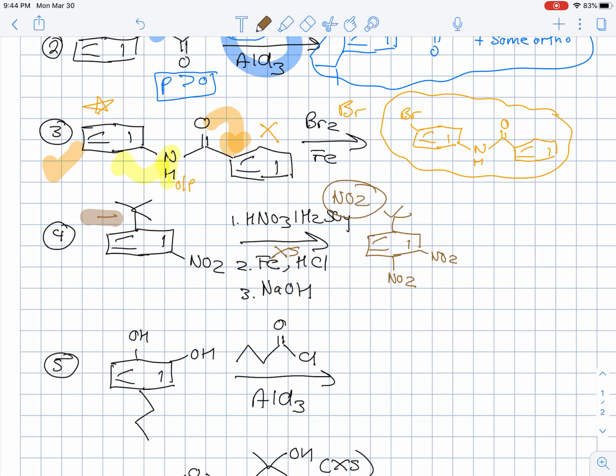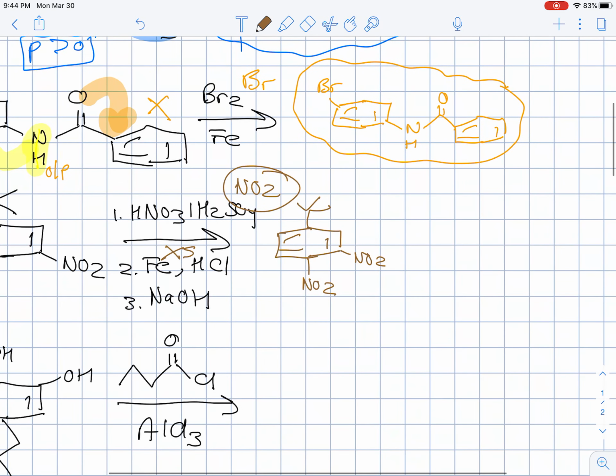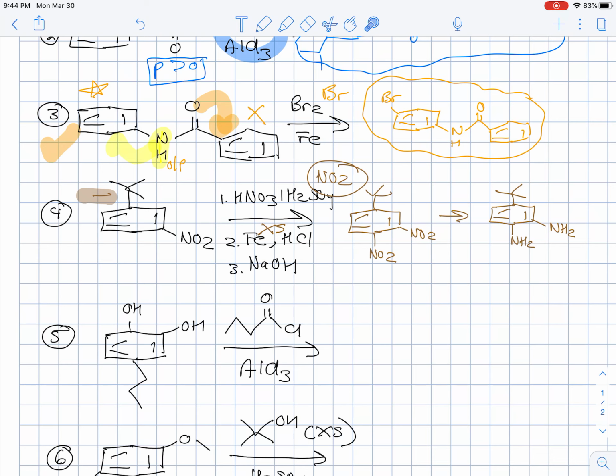I probably should have specified excess. That would have been better. And so what that's going to do is then turn both of these nitro groups into NH2 groups. My hope is by making this a little larger, maybe I can make it a little neater.